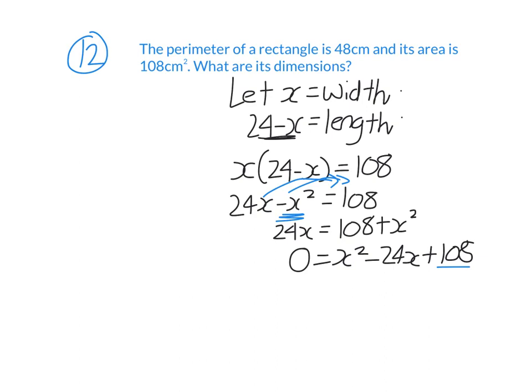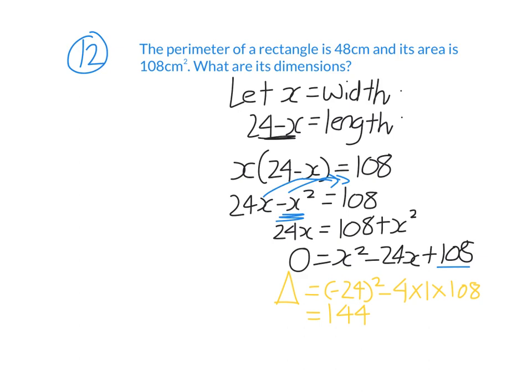So let's do that. Discriminant equals b squared minus 4 by a by c. So if you put that on your calculator, you get 144. So of course this is positive, there will be two solutions. 144 is a perfect square and thus both solutions will be rational.